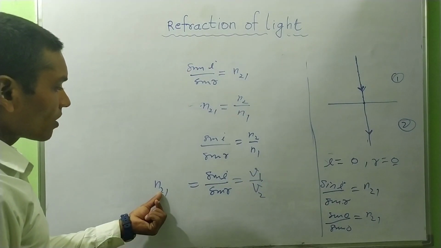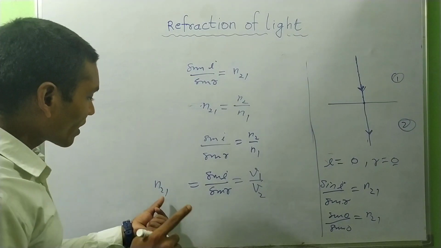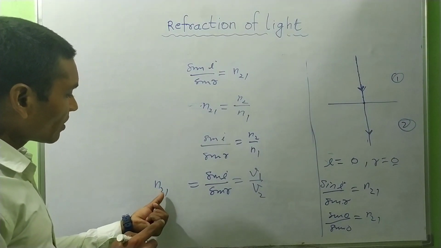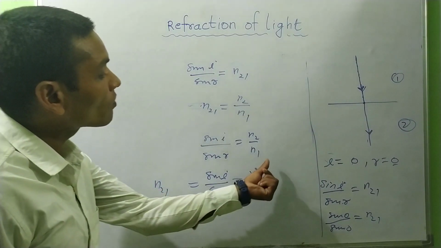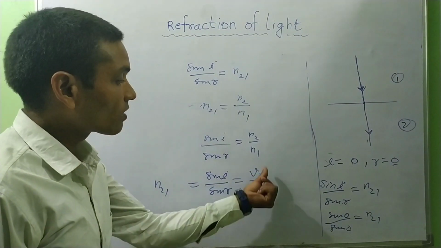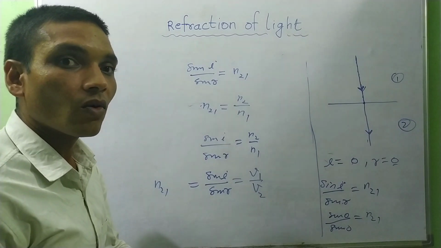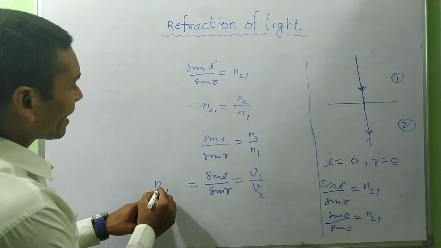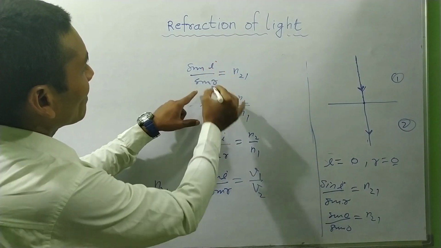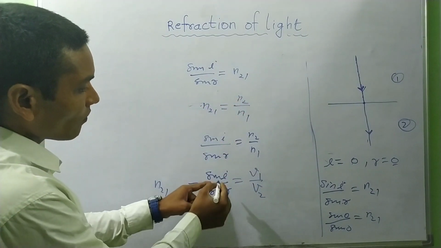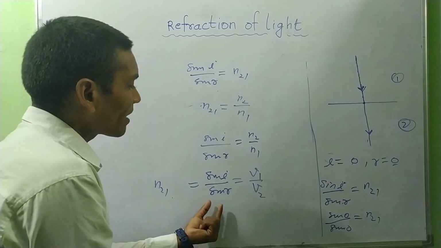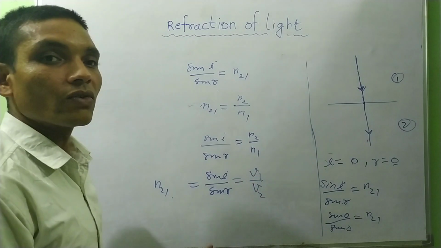The relative refractive index of second medium with respect to first medium is equal to V1 upon V2, the speed of light in first medium to the speed of light in second medium. But n21 equals sin i upon sin r, that's why we write sin i upon sin r equals V1 upon V2.